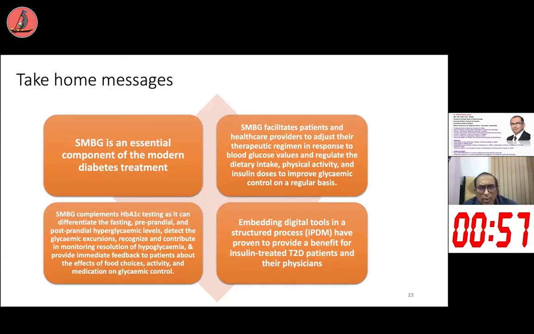I would like to conclude by once again saying that HbA1c remains the gold standard for managing diabetes, but it has to be complemented with SMBG where required, and currently with CGM where indicated in a few patients, where it is going to be very useful in making decisions in their day-to-day management of diabetes.